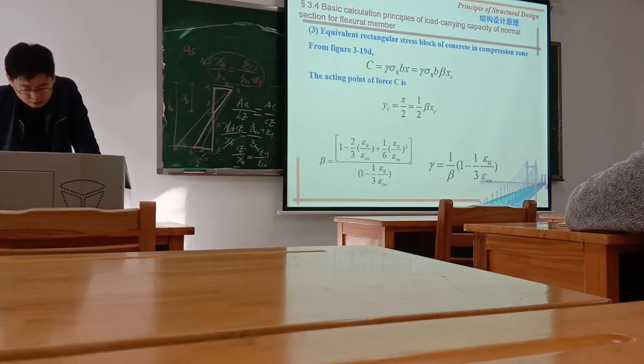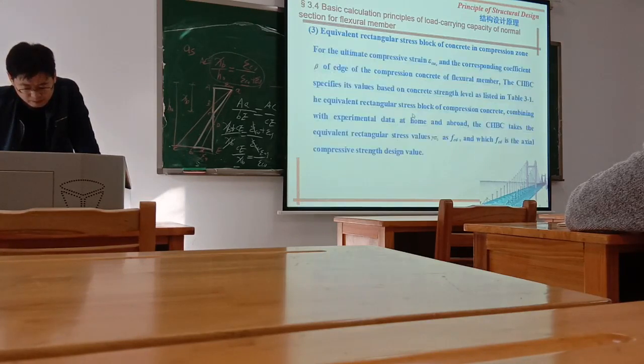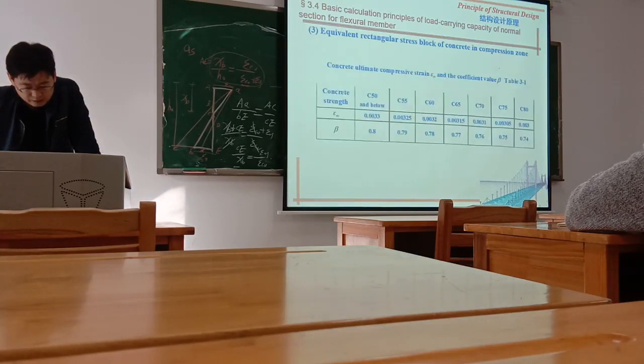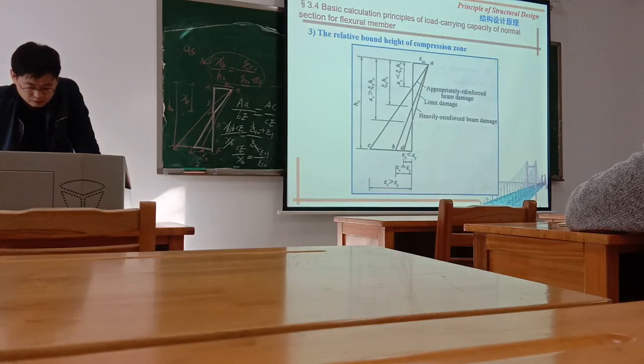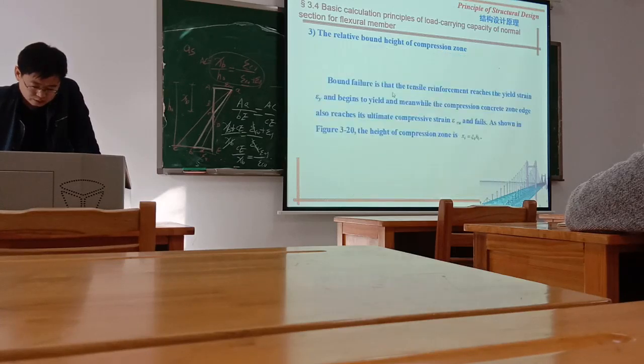So we try to find where the problem is. Now, if xb equals xc, xb, the height of the compression zone, equals CB h0.